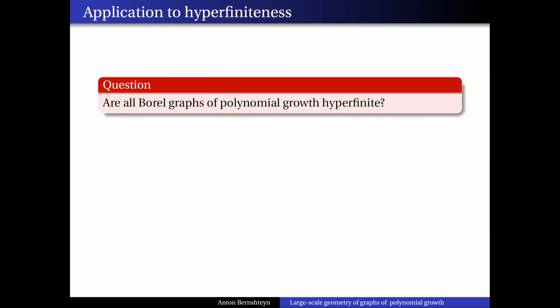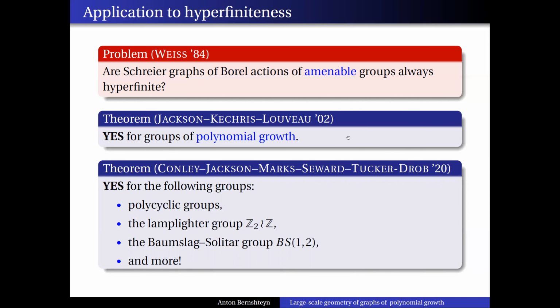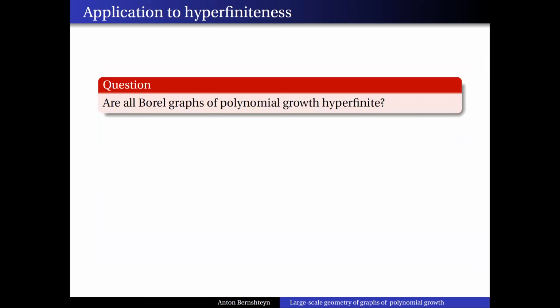On the other hand, still very basic questions remained unanswered. For instance, this essentially folkloric question: can this theorem of Jackson, Kekris, and Louveau be generalized from Schreier graphs of groups of polynomial growth to just general graphs of polynomial growth? Is it true that all Borel graphs of polynomial growth are hyperfinite?